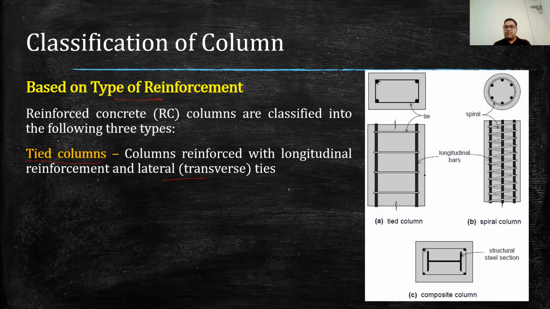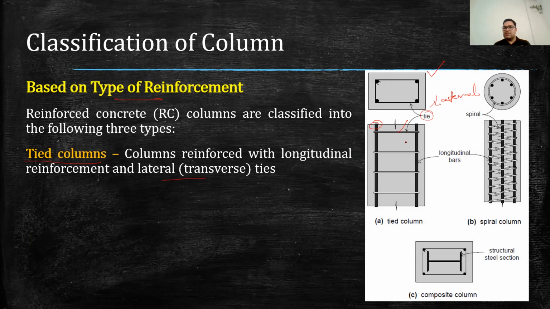In this case, you can see this is the example of tied column. These are the main bars which are running through the length of column, and along the cross section there are bars which are known as ties or lateral ties, because they are provided along the lateral dimension of the column.